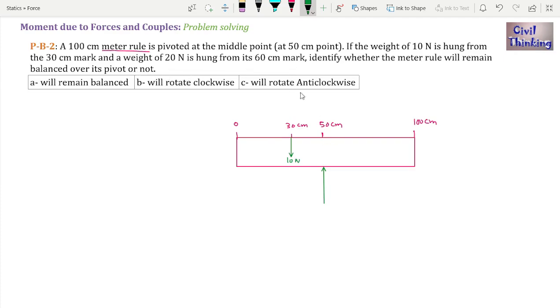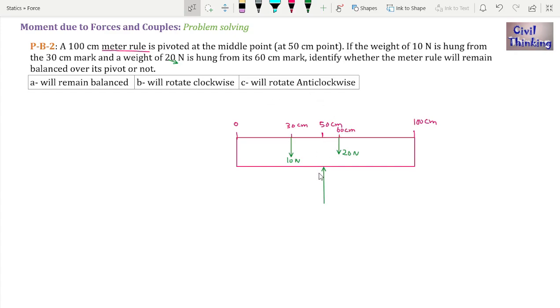Here is 50 centimeter, and somewhere here will be 60 centimeter. 20 Newton is here. Now we have to check if this scale will remain balanced, rotate clockwise, or rotate anti-clockwise.